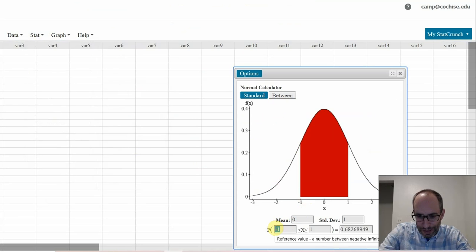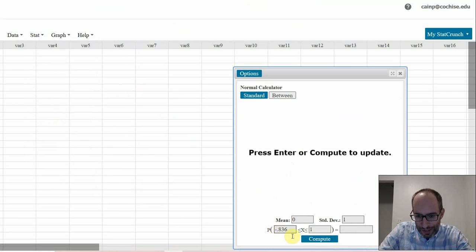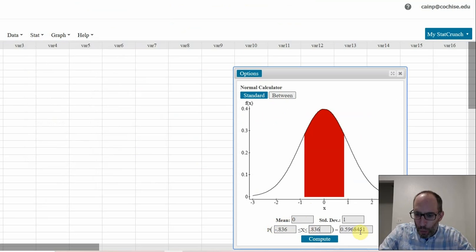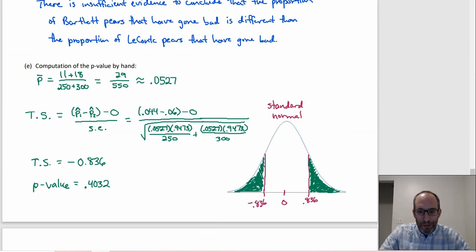And then say negative 0.836 to 0.836. And then it's going to be 1 minus that, right? Because the red part is what you don't want. So yeah, 1 minus 0.5968 is going to be 0.4032. So that's where that number's coming from.